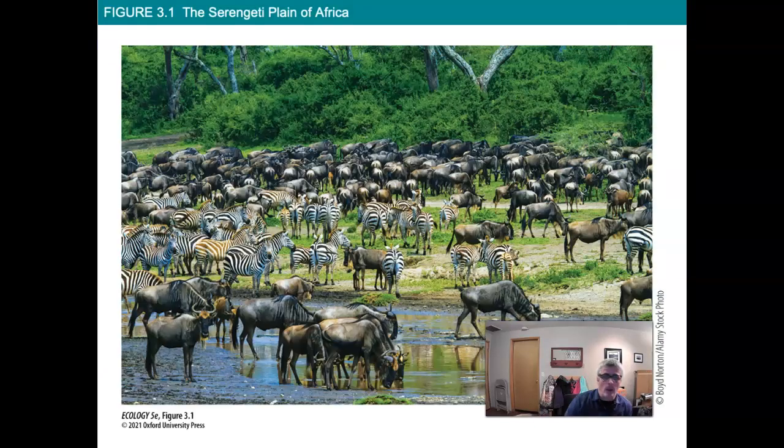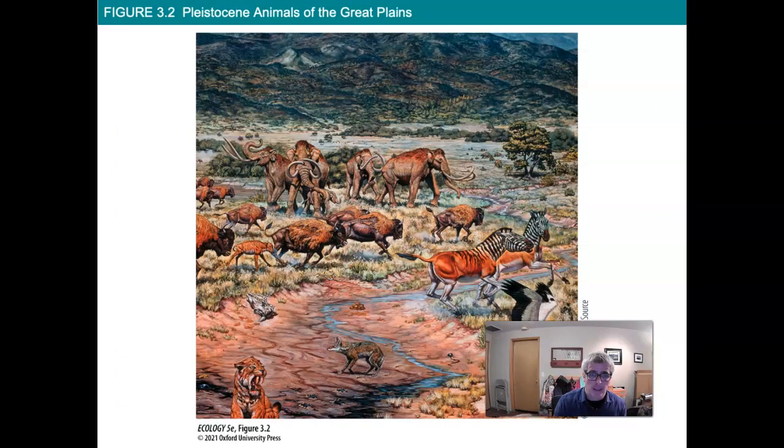So here's an image of the Serengeti showing a large amount of wild herbivores. And then here's a conceptual diagram of the Pleistocene animals in the Great Plains.